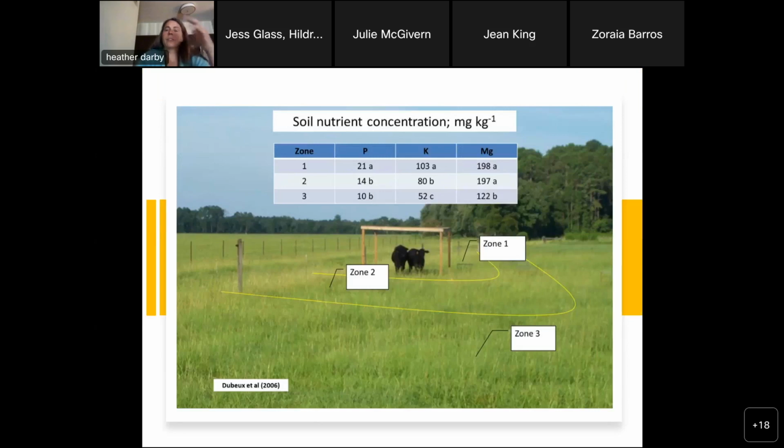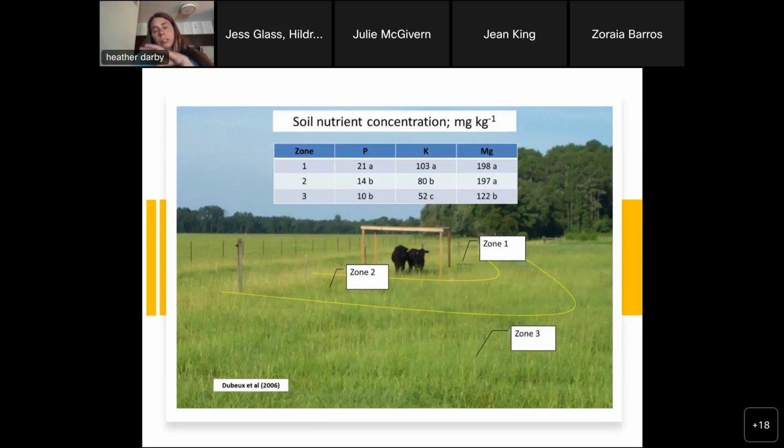All right, so other grazing practices that influence fertility and distribution, it's just thinking about where the animals may go to get shade, or where the water is, or whatever the situation is in the pasture.